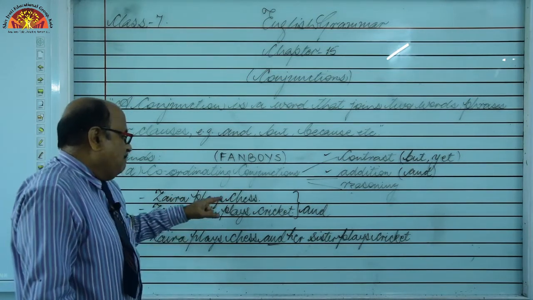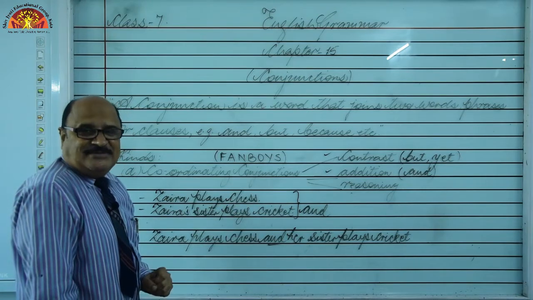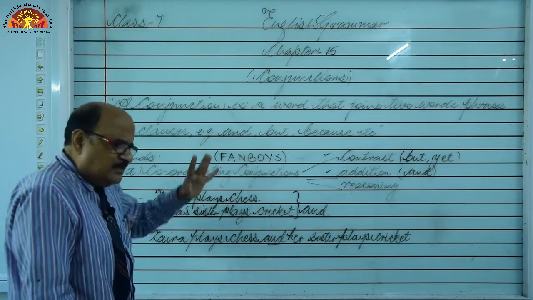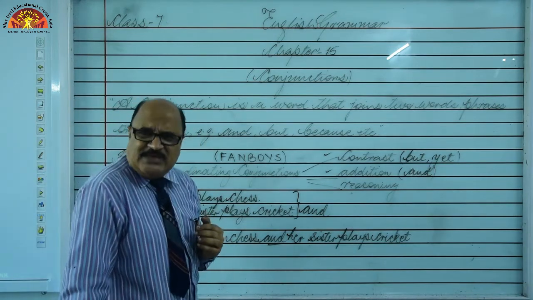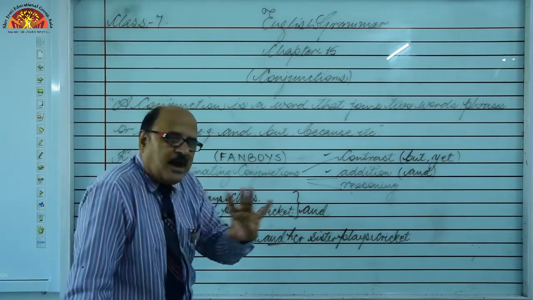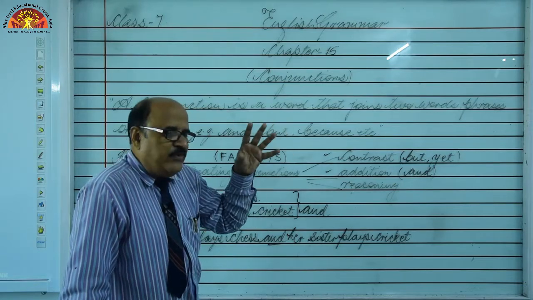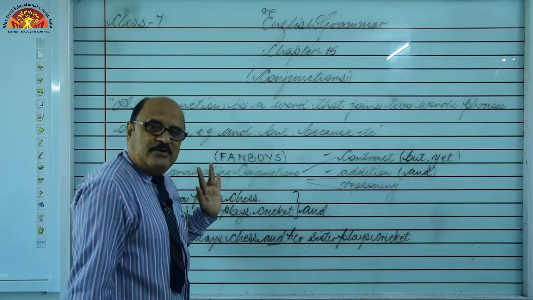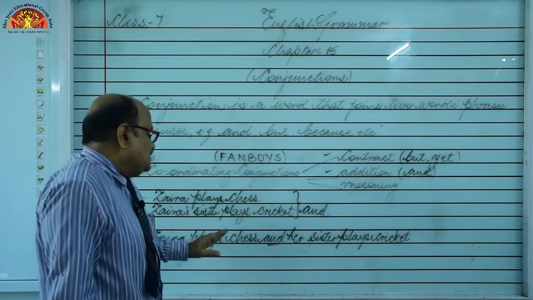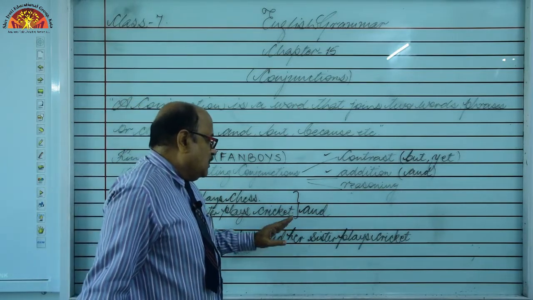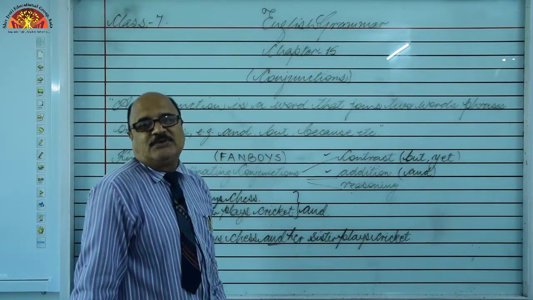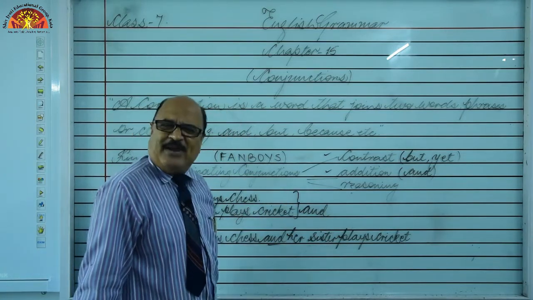Plays is same, but names of games are different. Don't worry, it's up to us what we mean to say. This is not hard and fast. Anyhow, we have to frame a meaningful sentence. So, we can write it as Zaira plays chess, but her sister plays cricket. This is also correct.